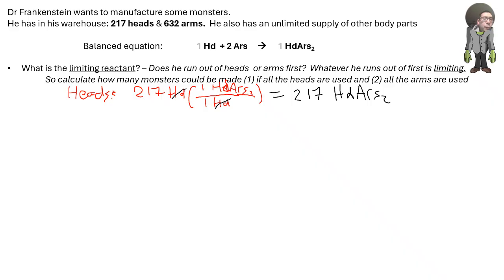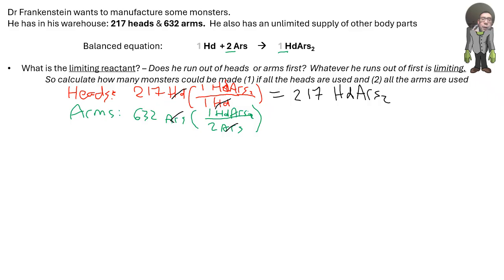Okay, then for the arms, we have in the warehouse 632 arms, and we use the coefficient: 2 arms produces 1 HDARS2. And we're going to cancel the arms and the arms, right?